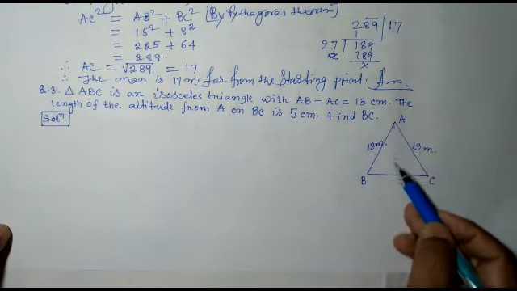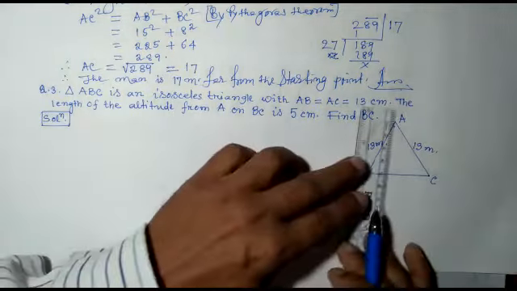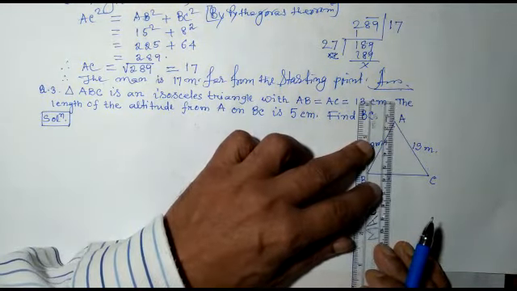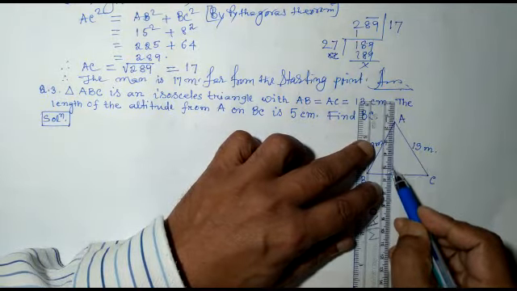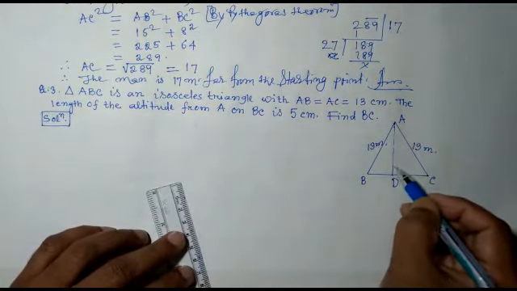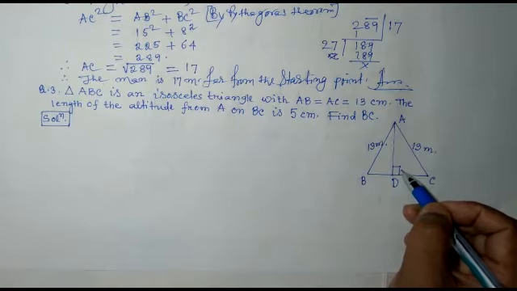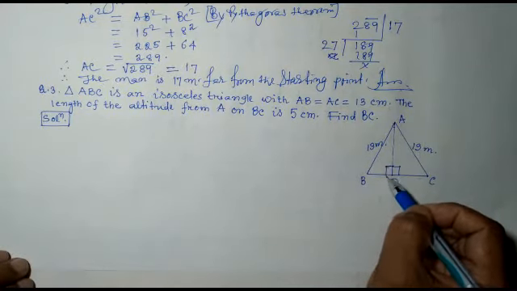From A, an altitude is given, so we can draw this altitude from A on BC. Suppose this is D. Then when we draw the altitude, this will be a right angle and this side also will be a right angle.